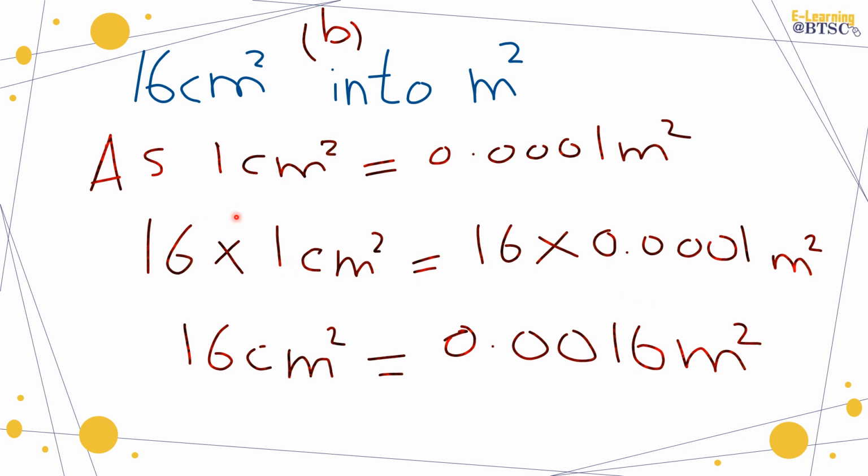When you multiply 16 with 1 centimeter square, you have the answer 16 centimeter square. When you multiply 16 with 0.0001 meter square, you have the answer 0.0016 meter square. That means in 16 centimeter squares there are 0.0016 meter squares.